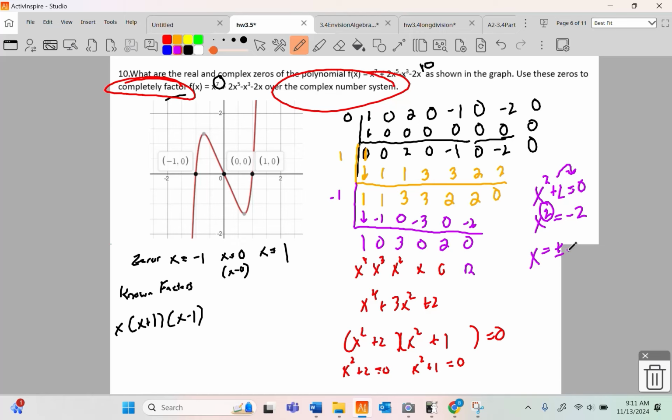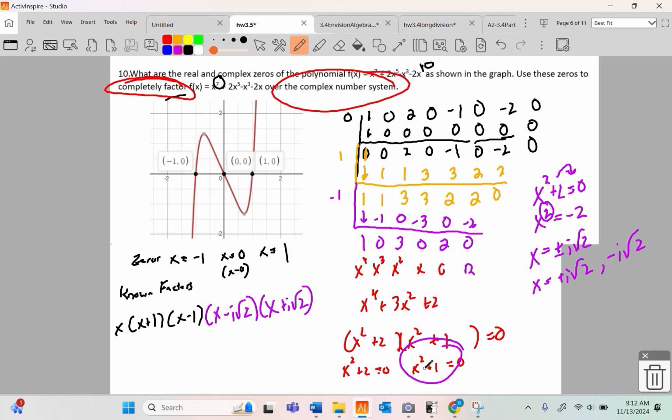It's plus or minus the imaginary root of 2. So think about this. If x is the positive imaginary root of 2, then the factor is x minus the imaginary root of 2. And if x is the negative imaginary root of 2, then I am x plus the imaginary root of 2. So I have 2 more factors.